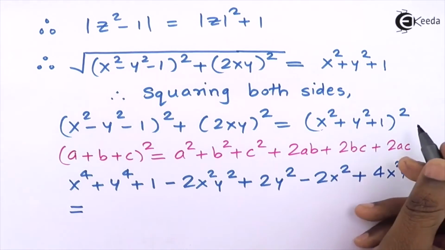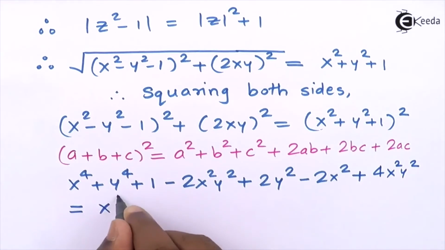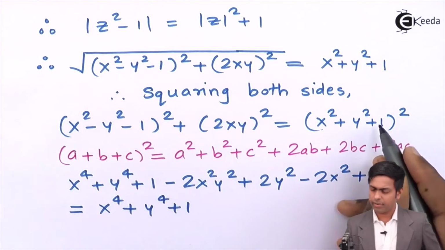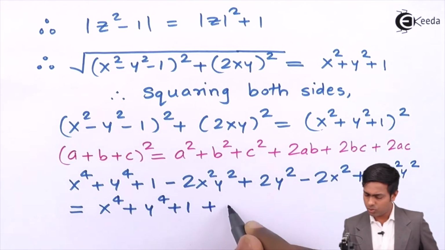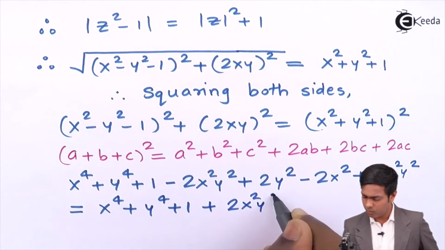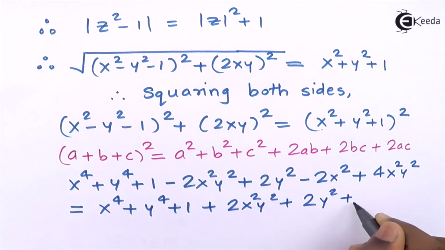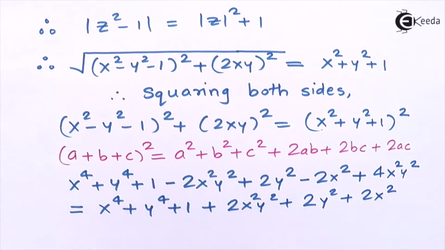On the right hand side we get x raised to 4 plus y raised to 4 plus 1, plus 2 times x square y square, plus 2 times y square, plus 2 times x square.